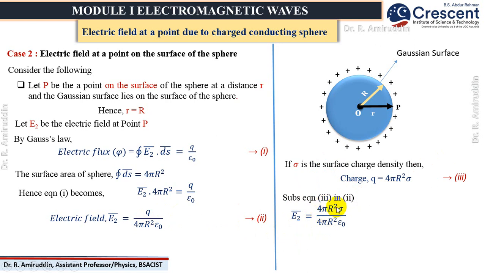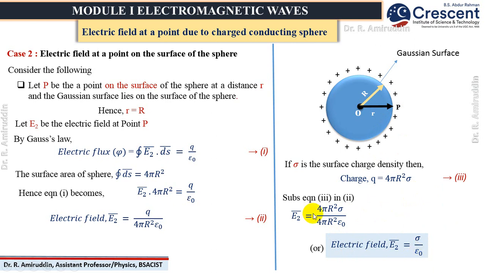We will strike out the common terms, that is 4 pi and capital R square. So the electric field E2 at the point P will be given as sigma divided by epsilon naught.